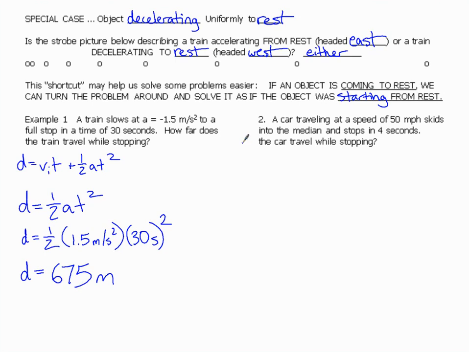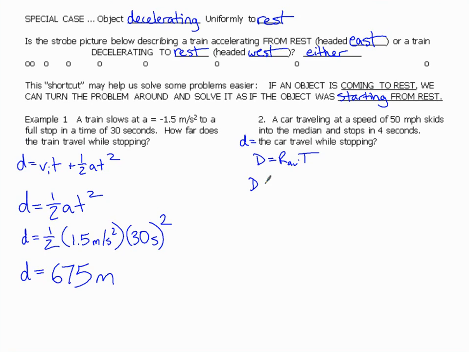So we're looking for distance. So you can do a couple of different methods here. This is usually our method 2. And you could ask yourself, can I use this formula in this situation? And the answer is yes.